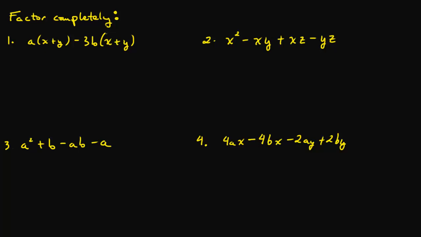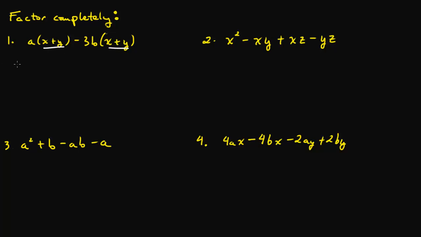So in this first question, we're told to factor completely. Now, the first thing that I'm always going to try to do is look for common factors. So in the first question, I have a(x + y) - 3b(x + y). So notice that between these two terms, I actually have a common factor of x + y.